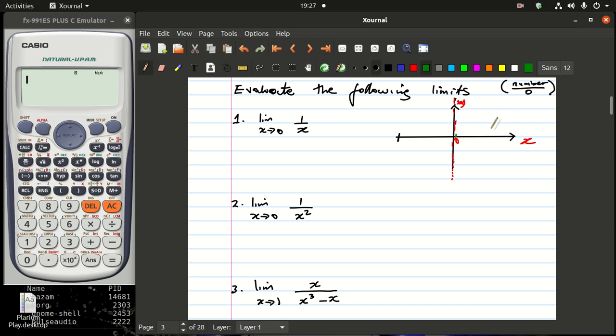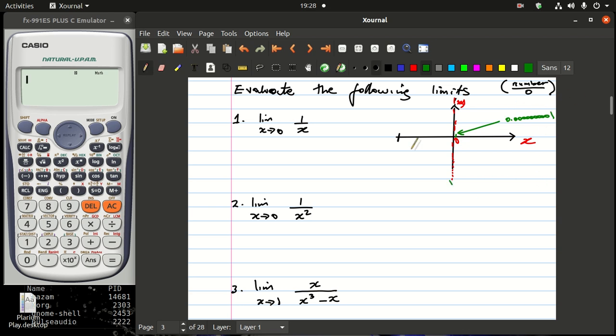So let's say the value that I'm going to pick is 0.000000001. How many zeros did I pick? 1, 2, 3, 4, 5, 6, 7, 8, 9. I have 9 zeros, which means there are 10 numbers after the decimal point.